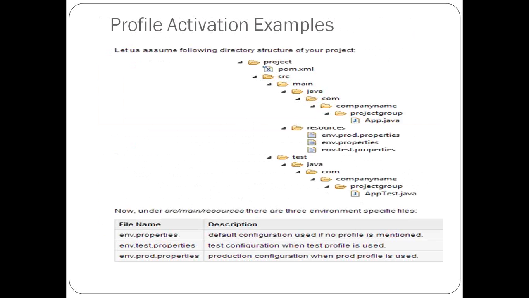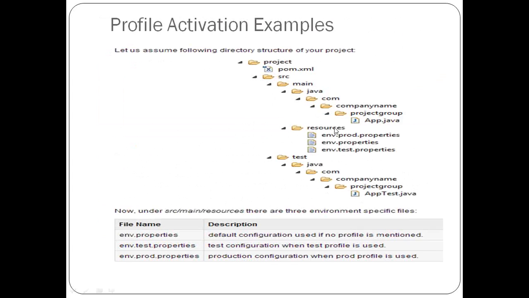So let's have a look at this project structure. In the project we will have a src directory and pom.xml. In src we will have main, and a test folder at the same parallel level. In main we have Java and resources folders.